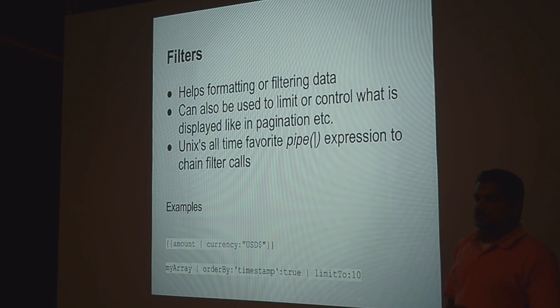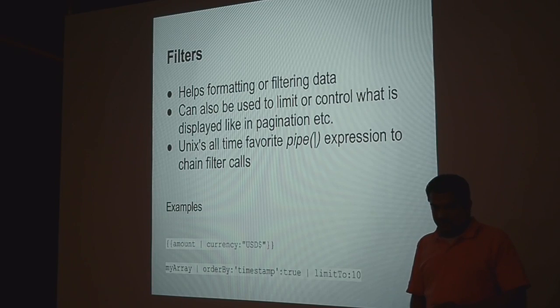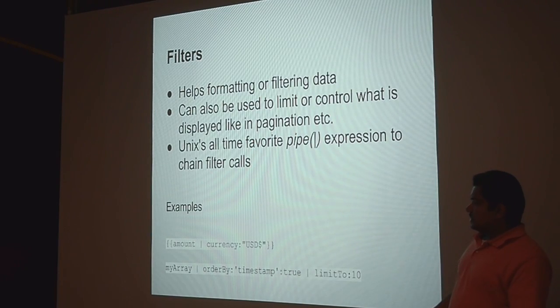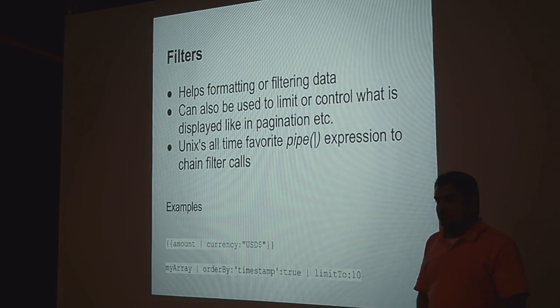Filters. Again, I didn't get it at first when I saw that. You would think it just filters some data, period, right? But it's not just filtering the data alone. It also formats the data if you want, and it gives the ability to pipe.